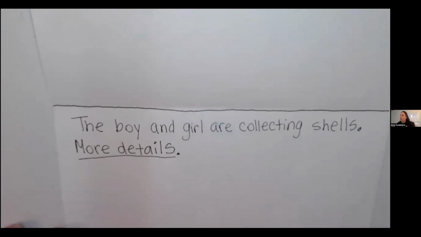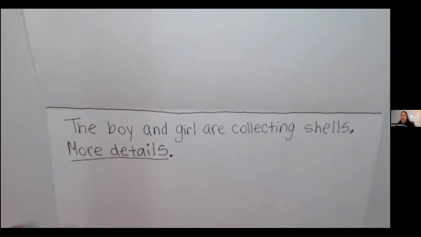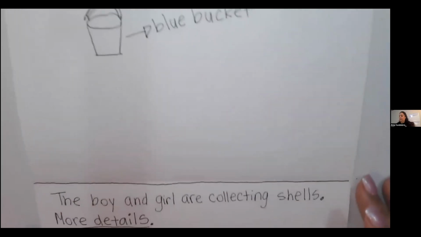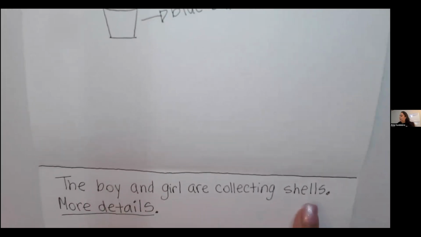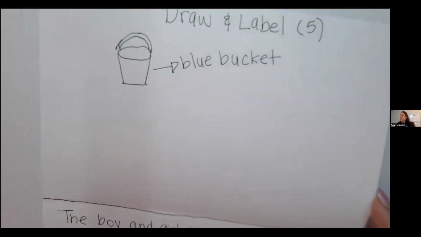Excellent. So the boy and girl are collecting shells. What if I say for mine, and you could use your pictures or something else maybe that you didn't write. What if I wrote the boy and girl are collecting shells in a blue and red bucket? That's more details.